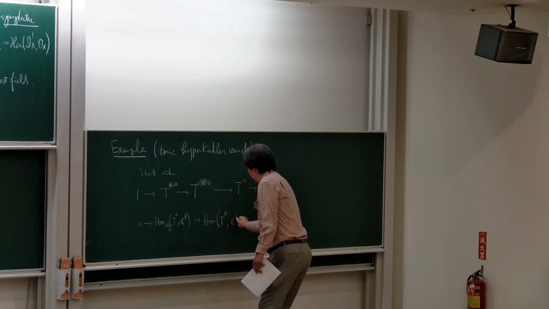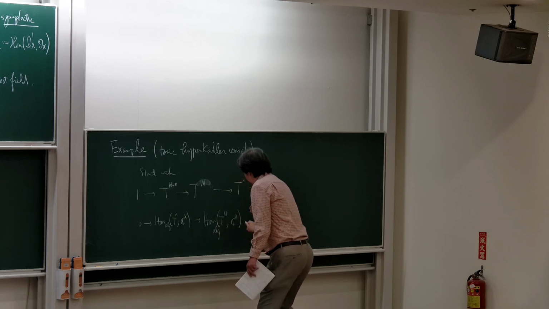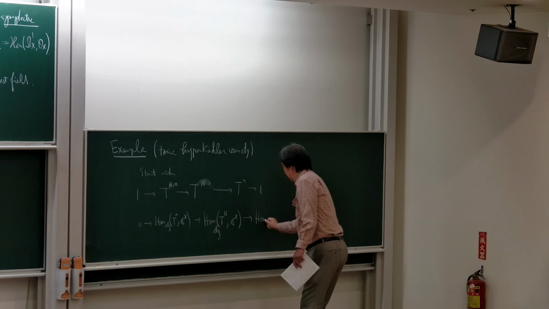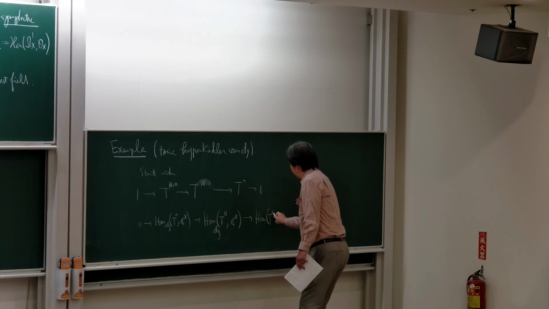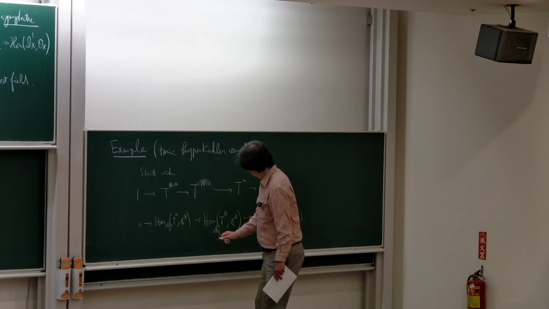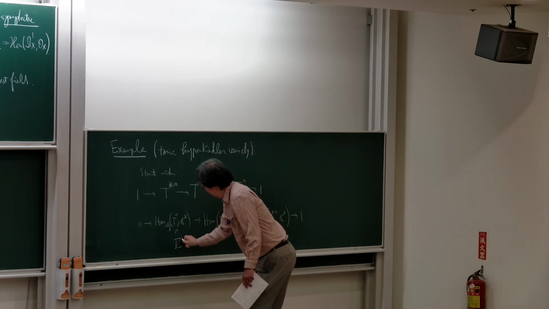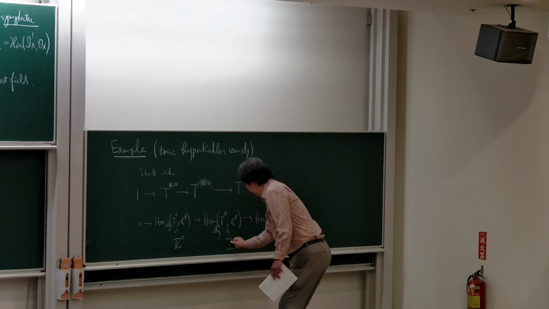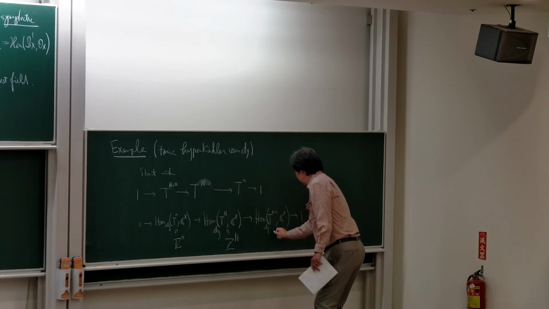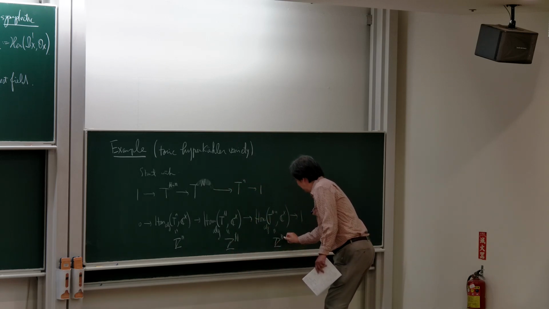T^n, an algebraic group, T^(N-n), (C^*)^N. And this is Z^n, and this is Z^N, and this is Z^(N-n).